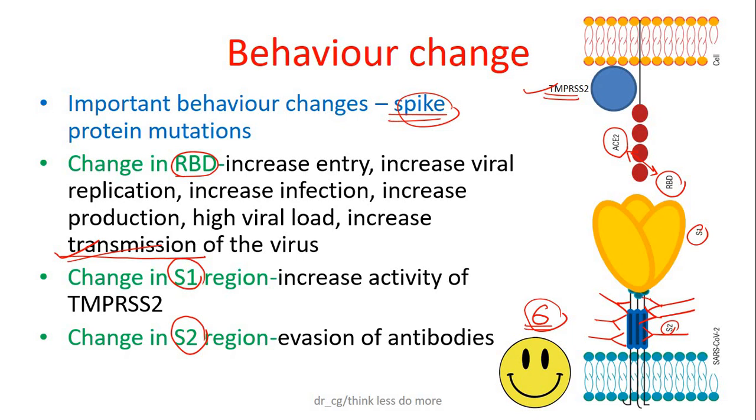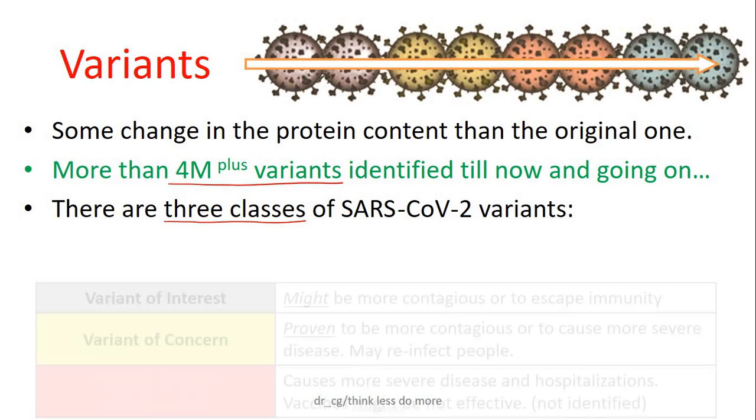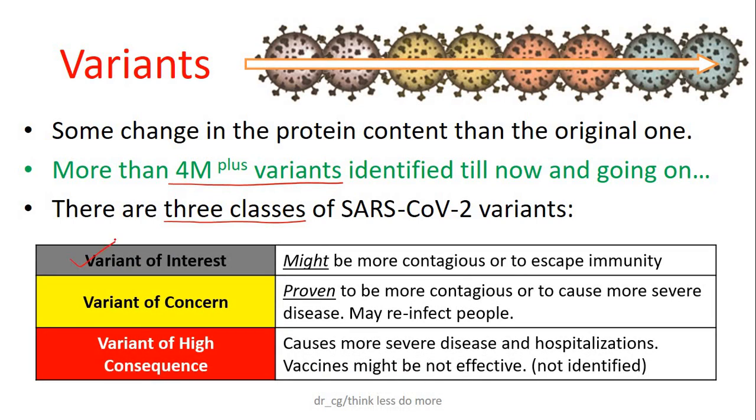Now onwards, we will see the presently known variants of the virus and their significance. More than 400,000 mutations have been identified by various labs across the world. They are classified into 3 types. First is variant of interest.